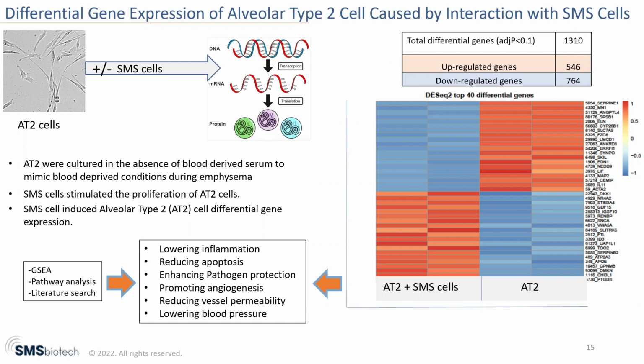The changes in those gene expressions, once studied in detail using references and proper software, indicate that SMS cells cause a lowering of inflammation, reduction in cell death like apoptosis, pathogen protection, formation of blood vessels, which is called angiogenesis, and less vessel permeability, and lowering blood pressure, something which is often accompanying COPD, that is called pulmonary hypertension.